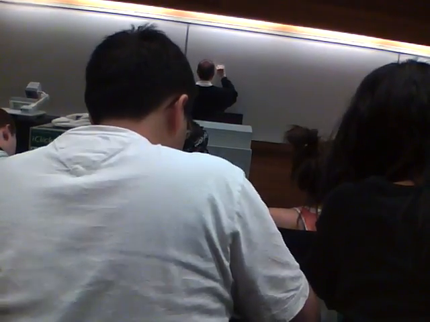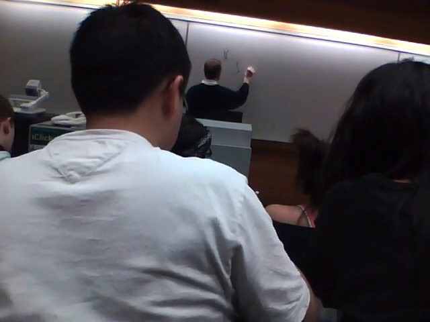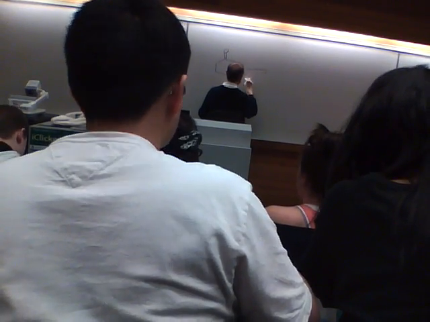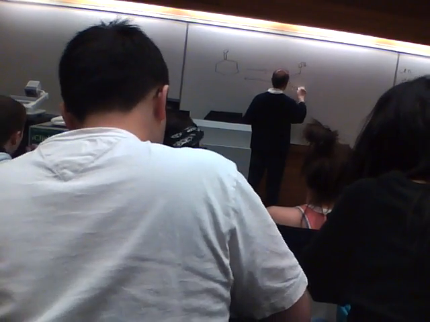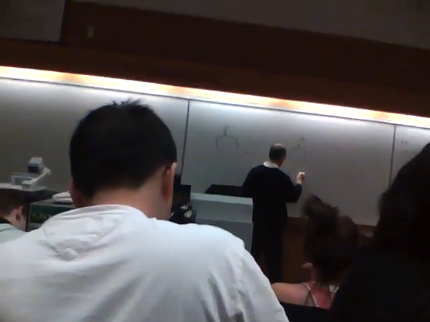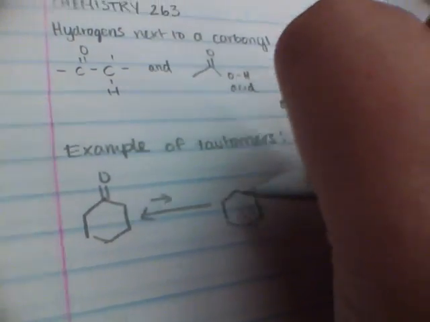So let me draw up a particular example. So if you have cyclohexanone, the amount of the enol tautomer is essentially negligible.